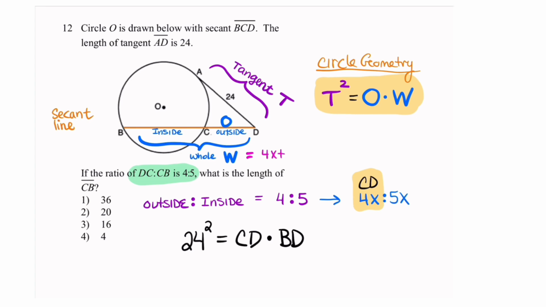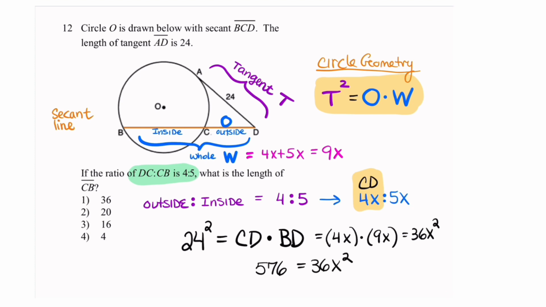BD is a combination of the inside part and the outside part, so BD would have to be replaced with 9x. So 4x times 9x is 36x squared. So equating the left and the right hand side, 576 is equal to 36x squared.